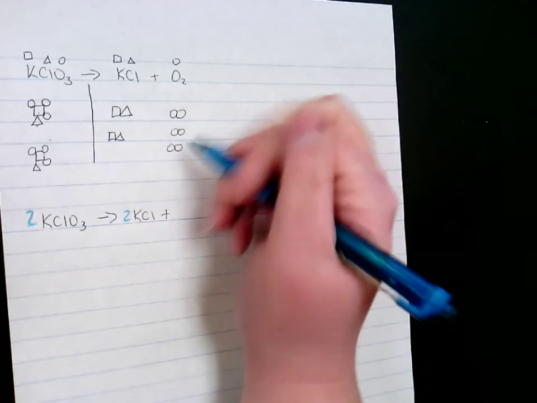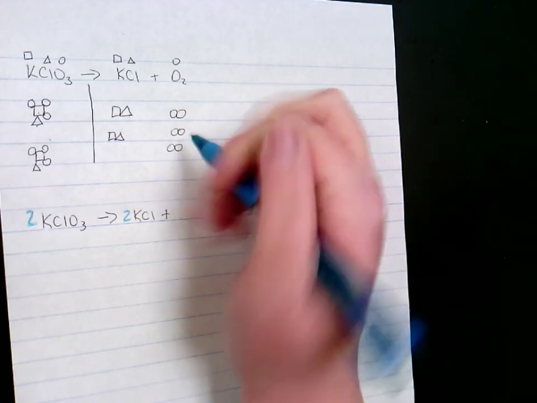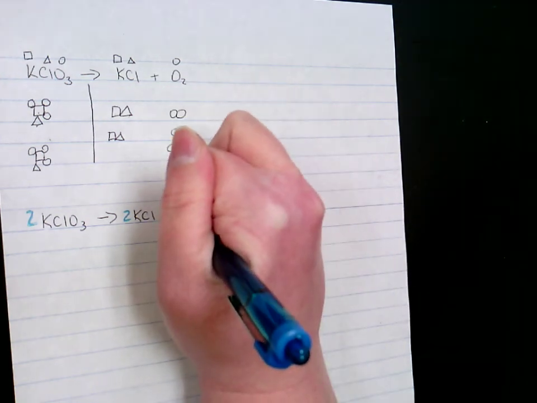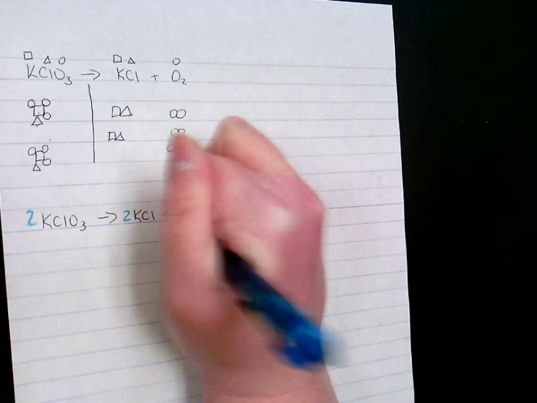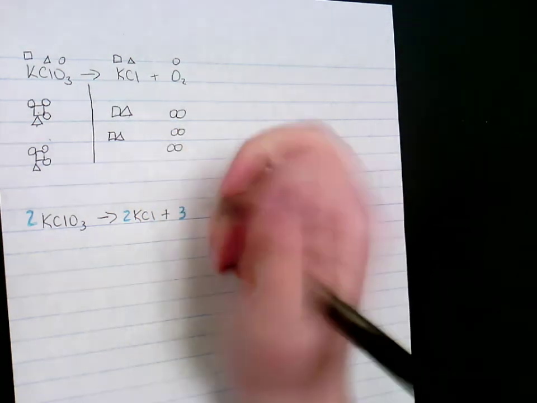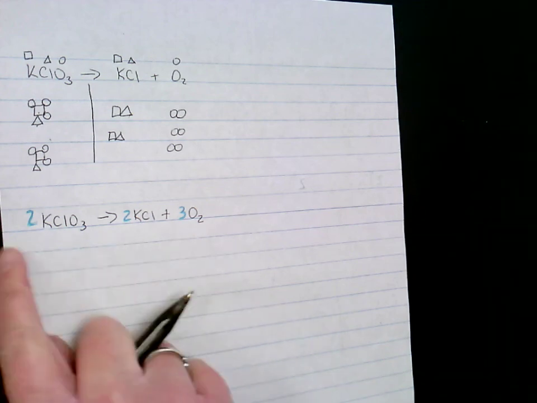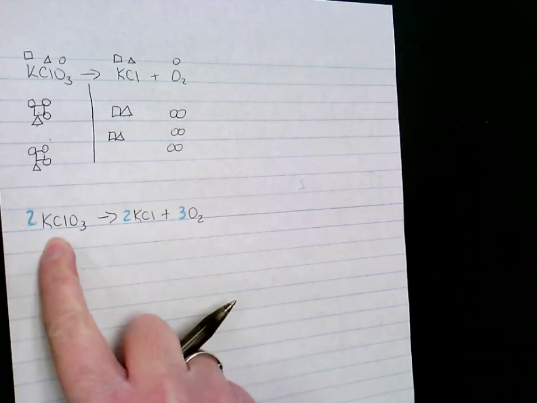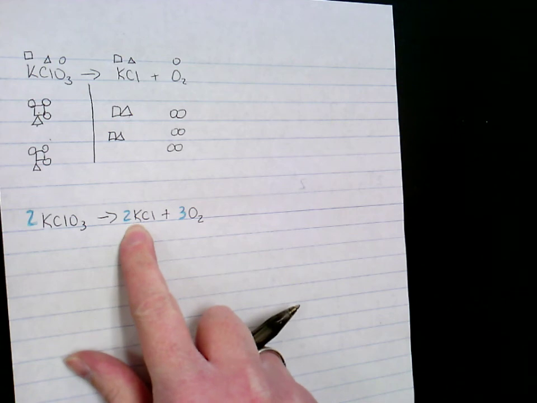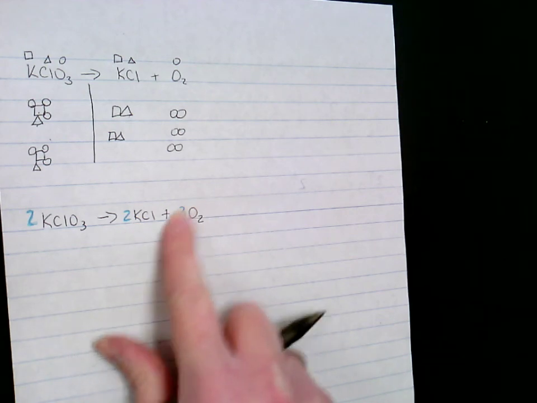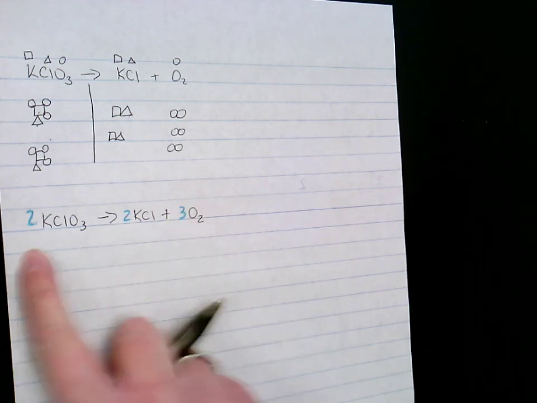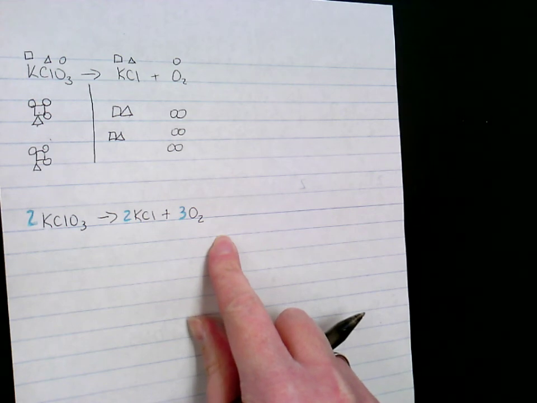And I had 3 of these, so my coefficient in front of O2 is going to be 3. So the properly balanced equation then would be 2 KClO3s decomposing into 2 KCl's and 3 O2s. And that would be my complete balanced equation.